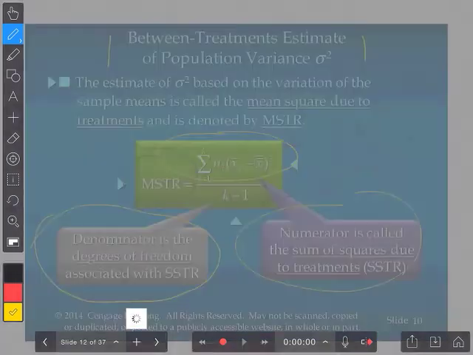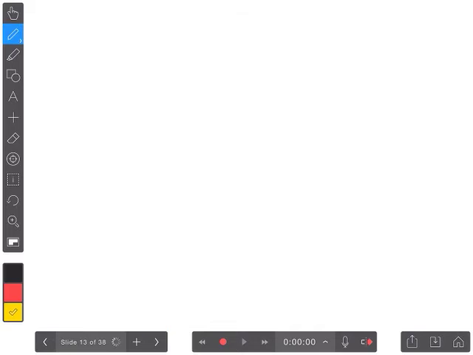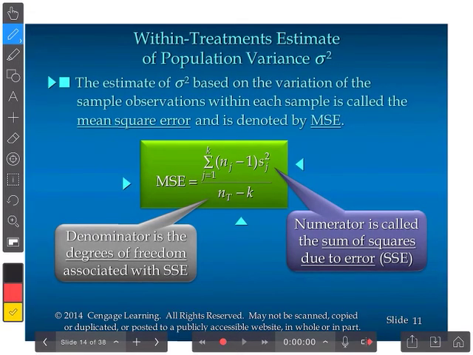Now let's look at the within treatments. So what we do now is that with each sample, we will actually generate the sum of squares. So we will take the sum of squares for sample 1, if there are 3 populations, plus the sum of squares for sample 2, plus the sum of squares for sample 3.